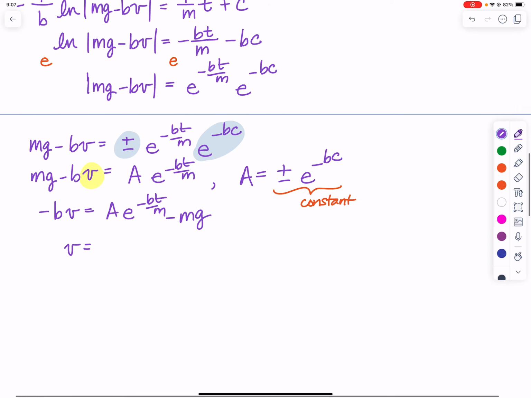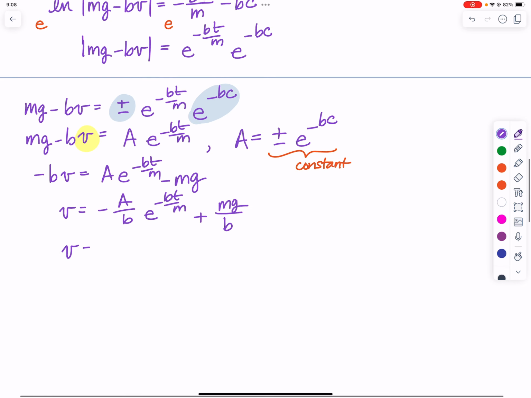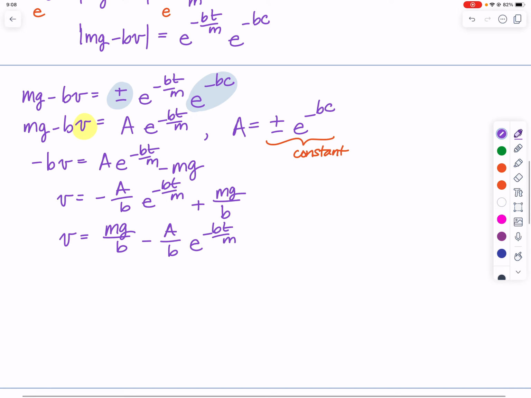So we will have the opposite of A over b multiplied by e to the bt over m, and now we have a plus mg over b. Rearranging those terms, let's put the mg over b first, minus A over b, e to the opposite of bt over m. Now here we have our general solution.